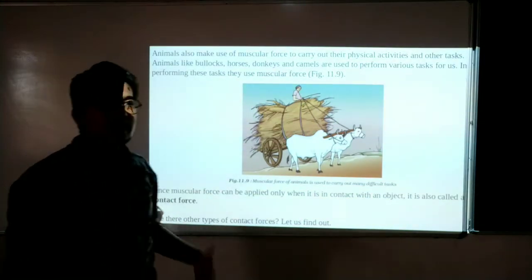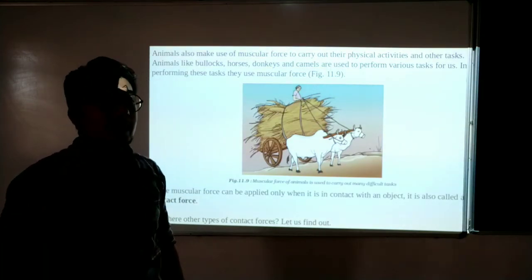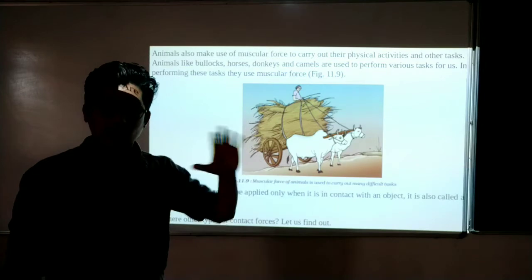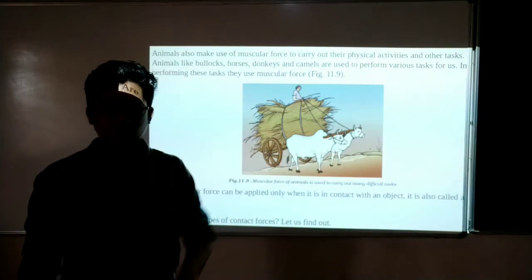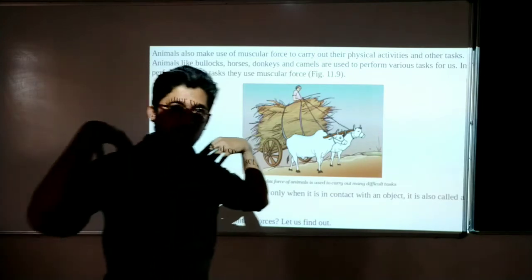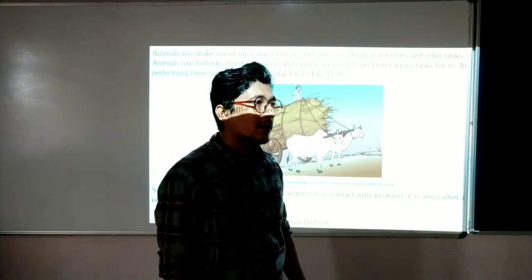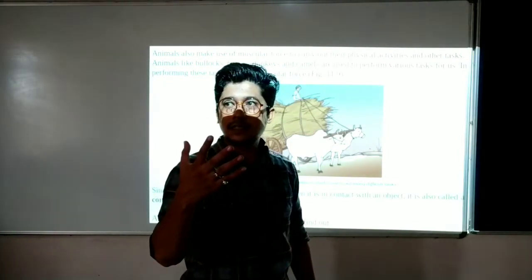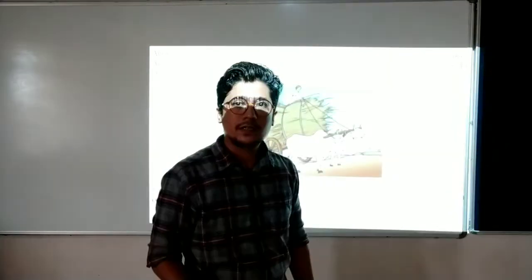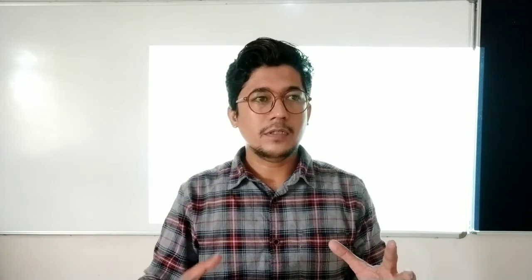The muscular force of animals is comparatively very high when compared with human force. You cannot carry such a load on your shoulders because you do not have that much muscular power. An elephant has great muscular power, so it can break trees in a jungle, because it can generate a lot of muscular force.